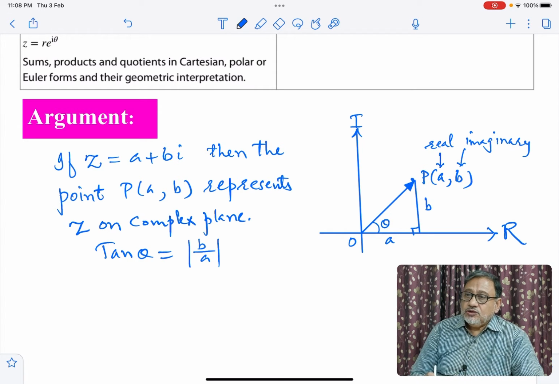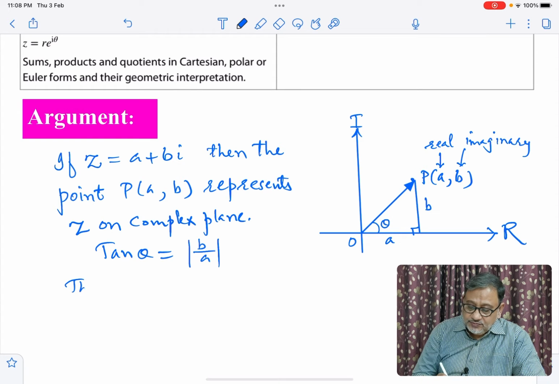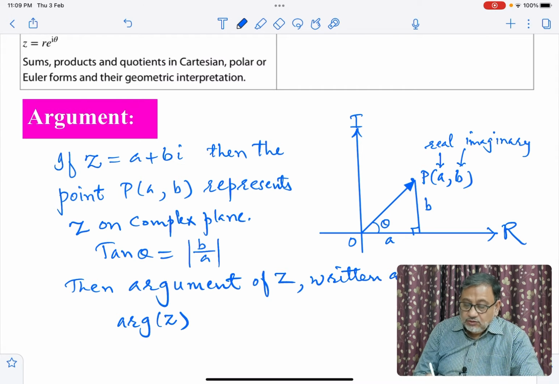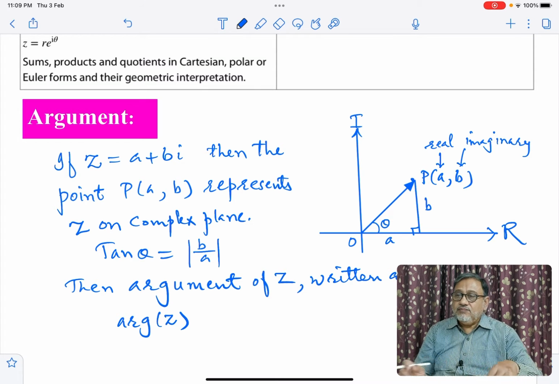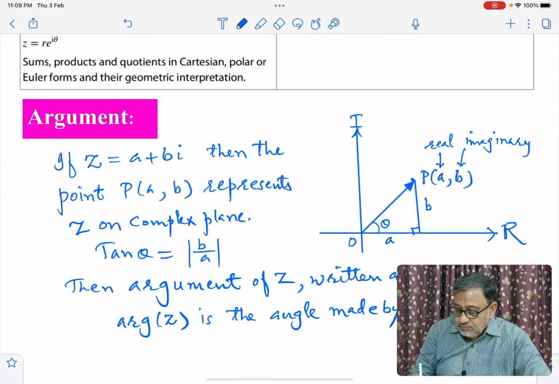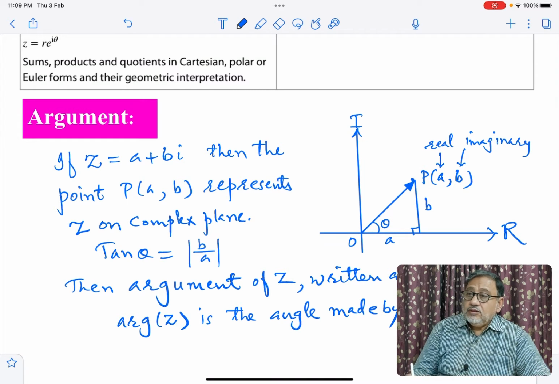So the argument of z, we write it as arg z, is the angle made by z.